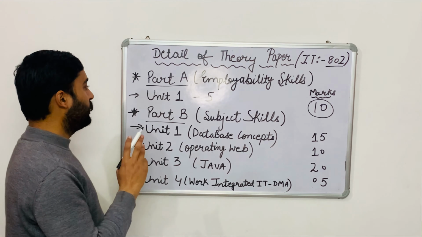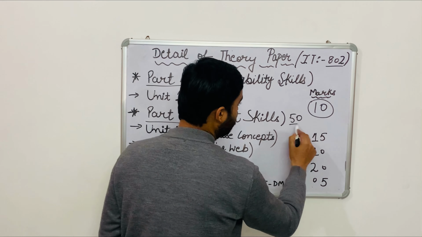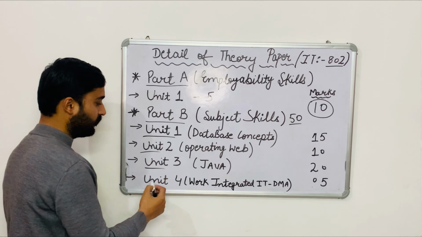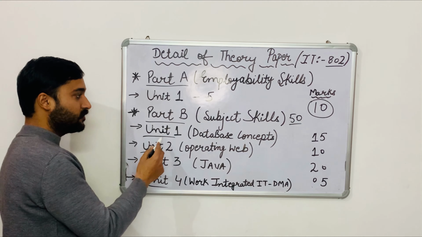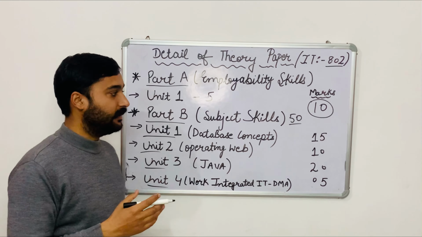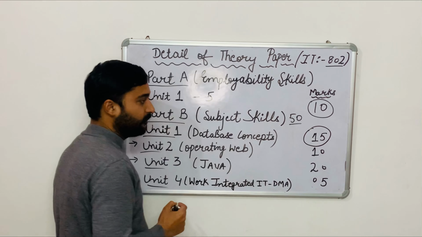In part B we have a 50 marks paper, and that 50 marks is divided into 4 units, unit 1, 2, 3 and 4. The first unit is database concepts, which is related to your MySQL, and in that 15 marks of questions are coming.